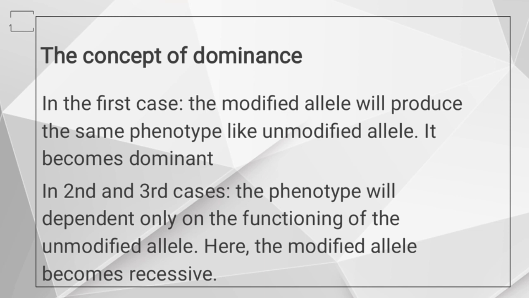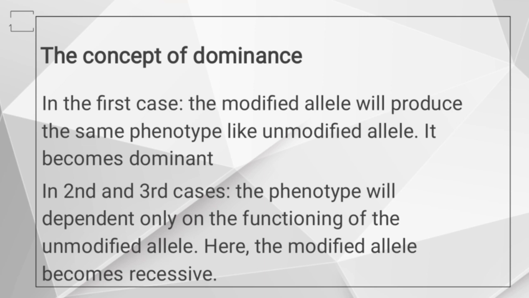The normal allele is nothing but the dominant allele. The modified allele means it is a recessive allele. From this concept of dominance, we understood that the recessive character is only due to production of non-functional enzyme or no enzyme at all.